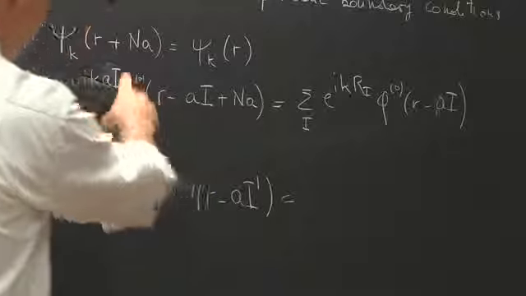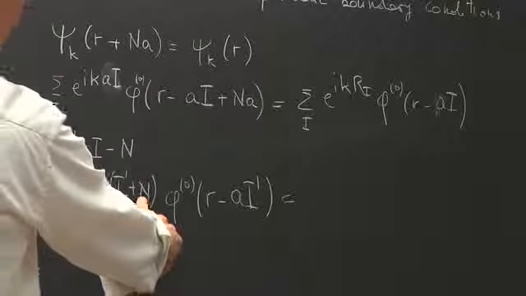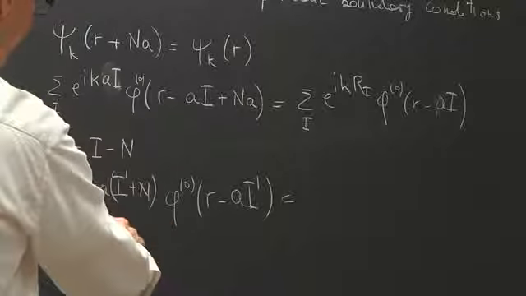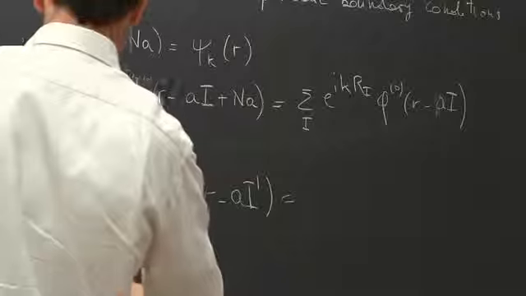I'm continuing to expand the left-hand side of the equation. I'm now taking out this e^{ikNa} because it is a constant, so I can take it out of the sum.